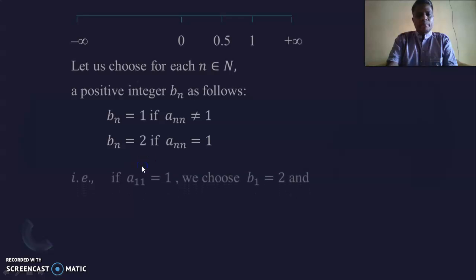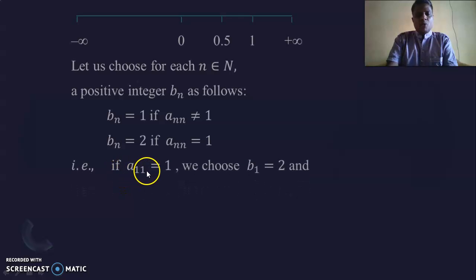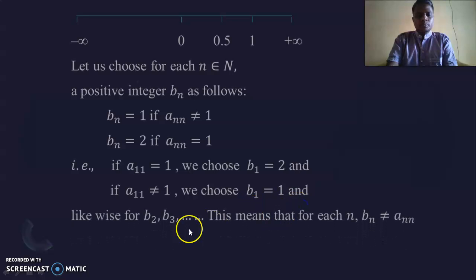Suppose a11 equals 1, we choose b1 equal to 2. If a11 is not equal to 1, we choose b1 equal to 1. Likewise for b2, b3 and so on. This means that for each n, bn is not equal to ann.